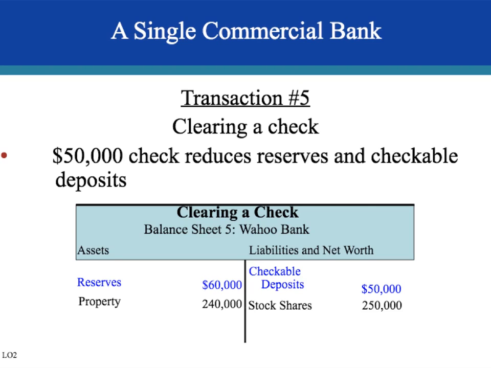Okay, so 20% is the required reserves for checkable deposits, so 50,000 times 0.2 is 10,000. So out of the reserves here in assets, 10,000 is required reserves, and then the other 50,000 are excess reserves.